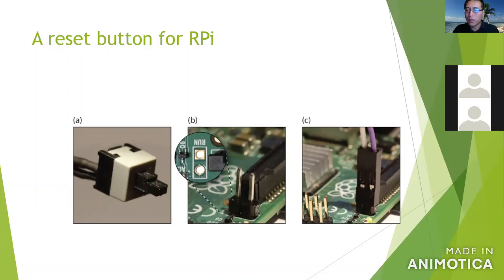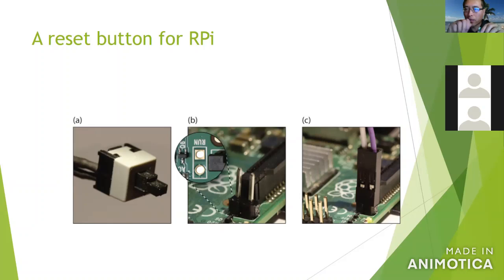So, in the case of the system being stuck, the only way we can do is to unplug the power cable. Okay, so the power cable is connected to this part.